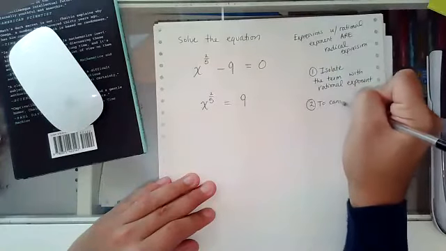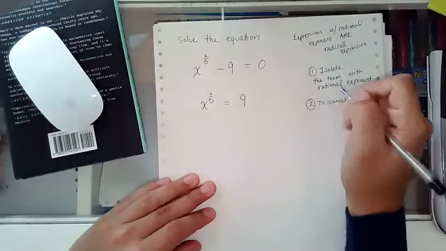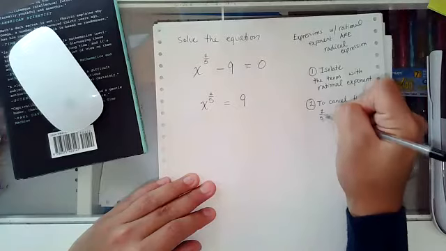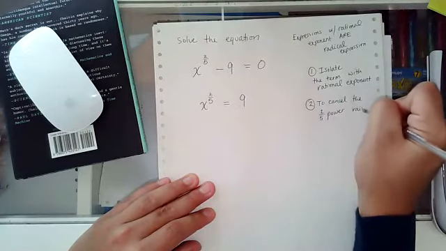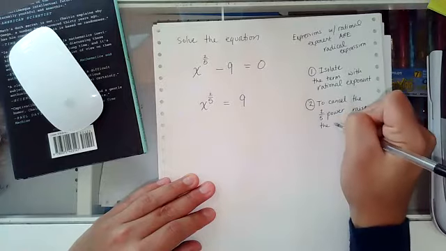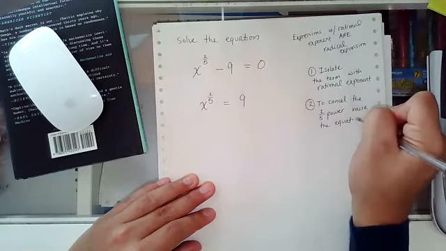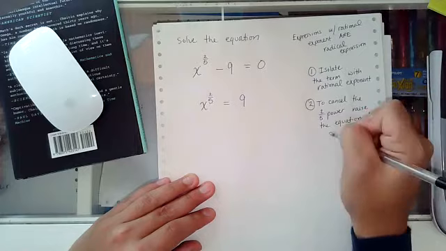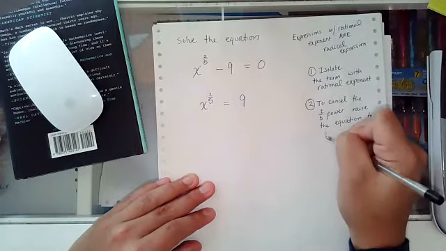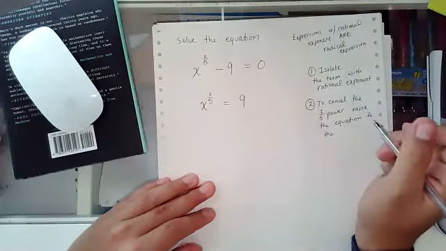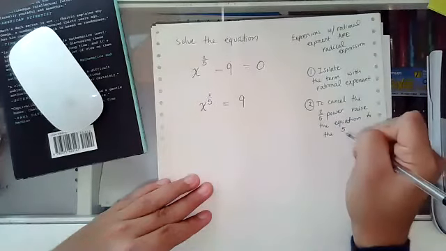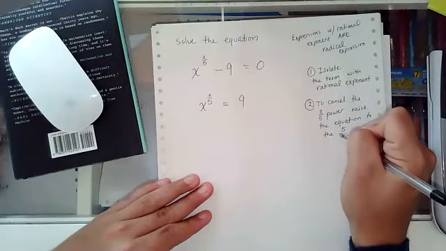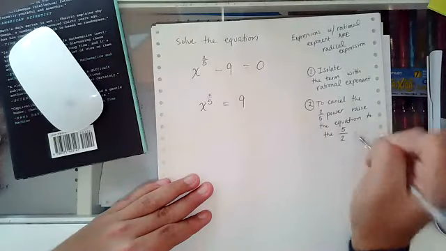Well, then, to cancel the fractional power, so the 2/5 power, raise the equation, so both sides of the equation, to what power? 5 over 2.